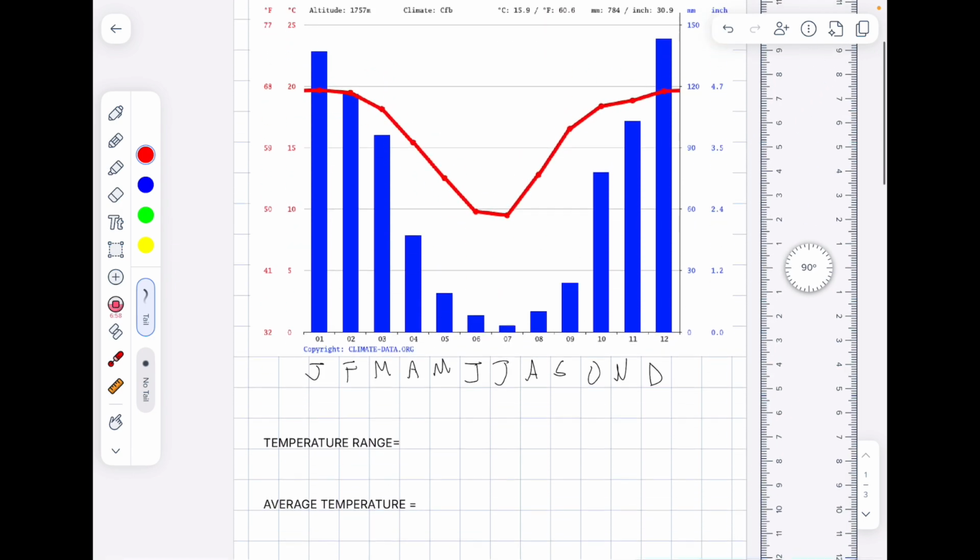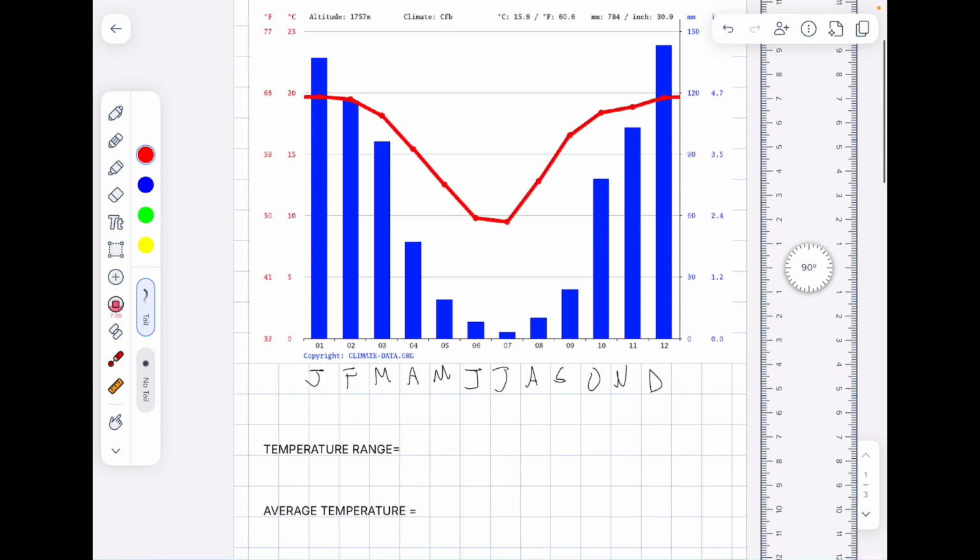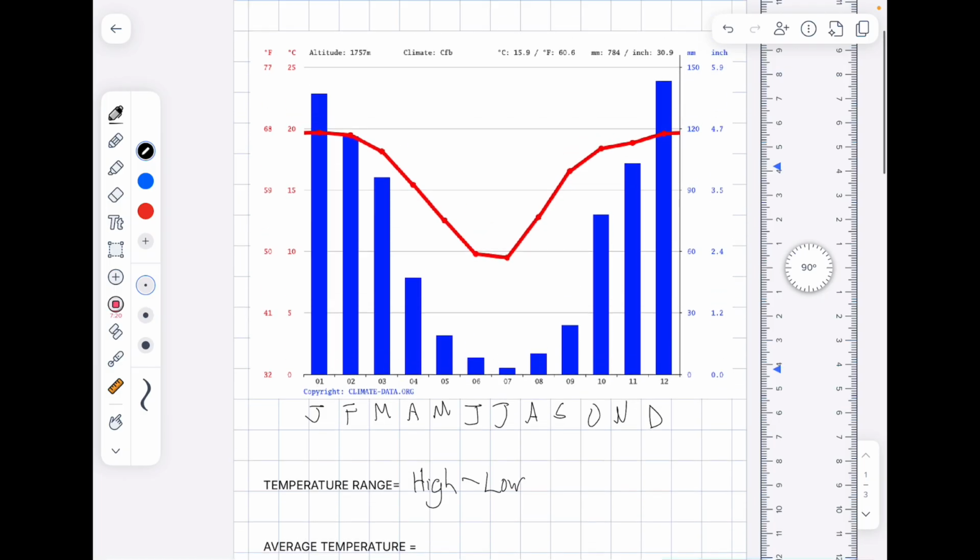And then if we go down, we can even ask more questions. We can ask you, what is the temperature range? So the formula for temperature range is you're going to take your high minus your low, meaning your high temperature minus your low temperature.